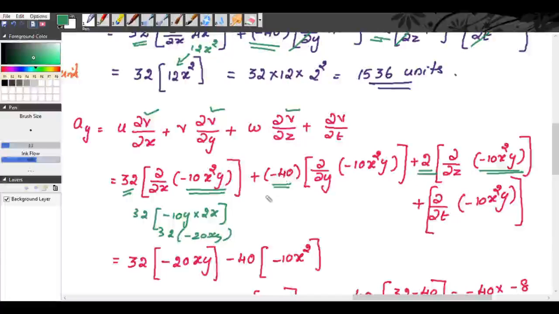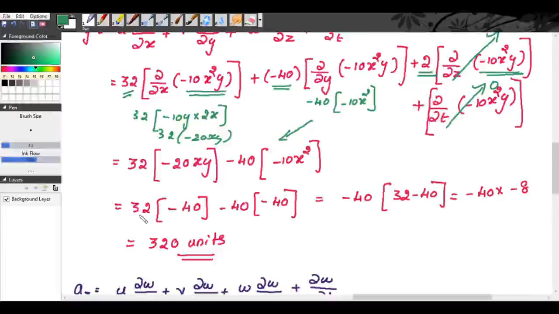Now, minus 40 into, differentiate with respect to y, minus 10x² is constant, and differentiation of y with respect to y is 1. So we get minus 40 into minus 10x². With respect to z, we don't have a z term, so this becomes 0. With respect to t, we don't have a t term, so this becomes 0.